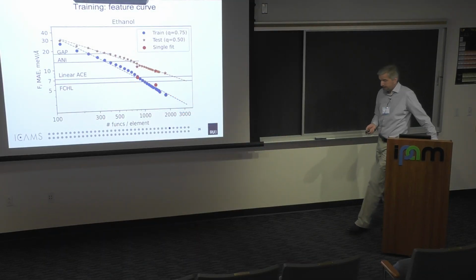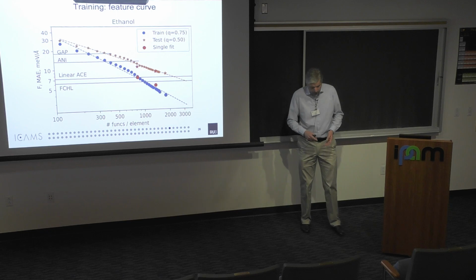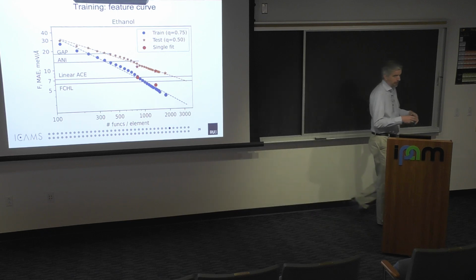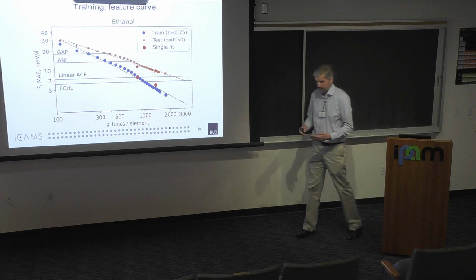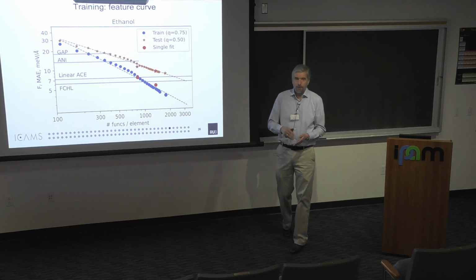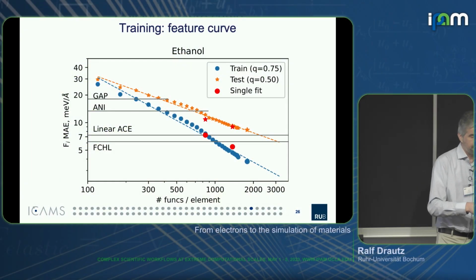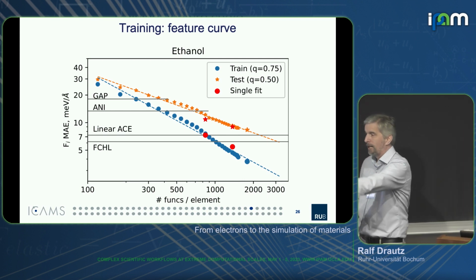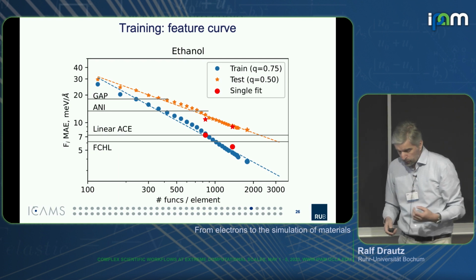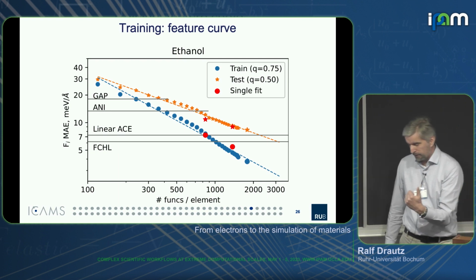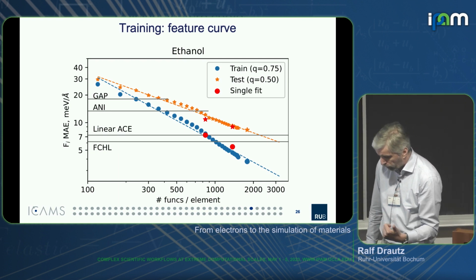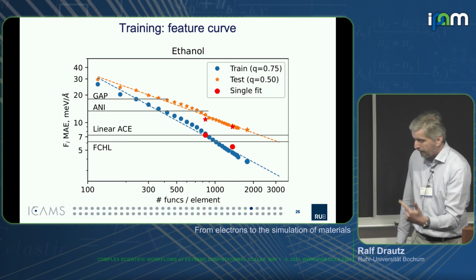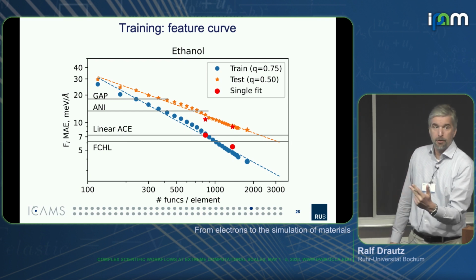And because we have a basis expansion, we can order our basis functions hierarchically. If you have a plane wave basis, it's natural to order the basis functions according to their wavelengths or frequency, and you have a plane wave cutoff. We can do the same. We just order our basis functions by the body order, then by the radial order, and by the angular momentum order.